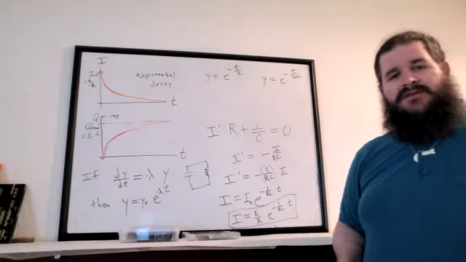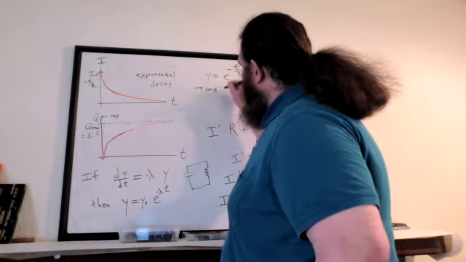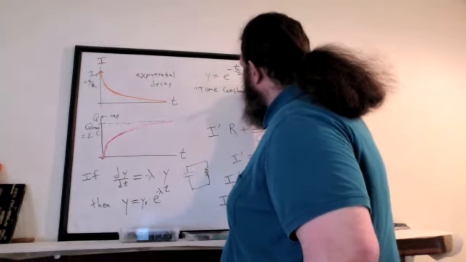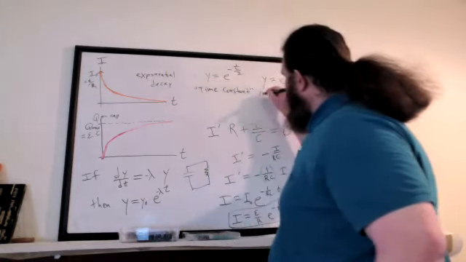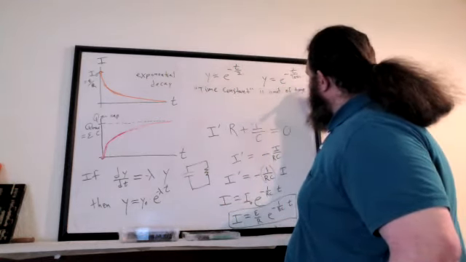We call that amount of time the time constant. Time constant is the amount of time it takes.